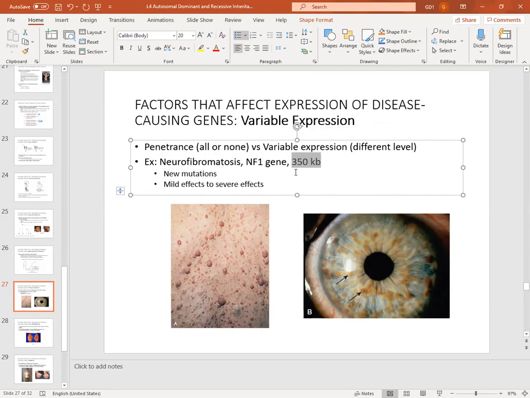A big gene suffers more compared with a small gene, right? A big gene is hit more easily, like it's easier to jump onto a big land than a small land. So a lot of mutations contribute to this disease, with different levels of effect on the body, from small to big.